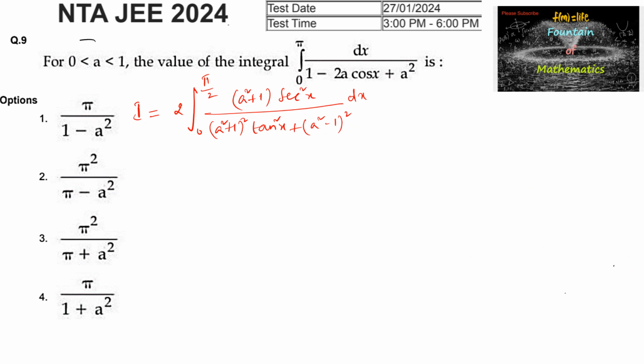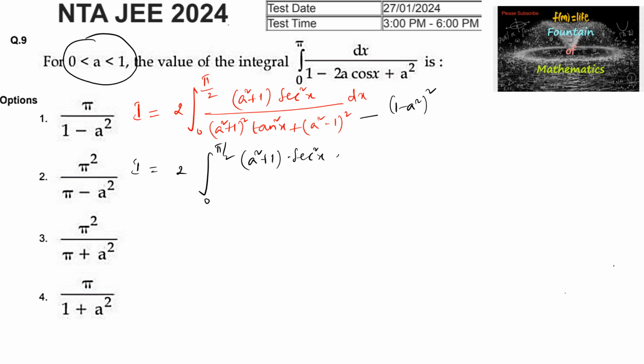Since a lies between 0 and 1, let us consider (a square minus 1) whole square instead of writing (1 minus a square) whole square, and also 2 times integral 0 to pi by 2 of (a square plus 1) of secant square x dx upon (a square plus 1) whole square, let us take common, so we can write tan square x plus (a square minus 1) upon (a square plus 1) whole square.